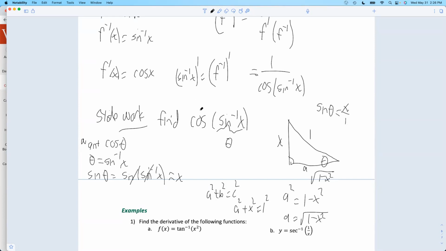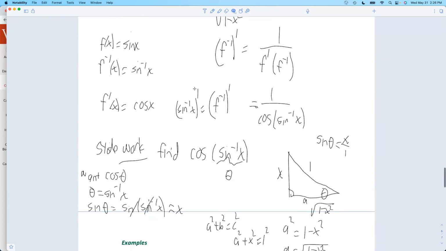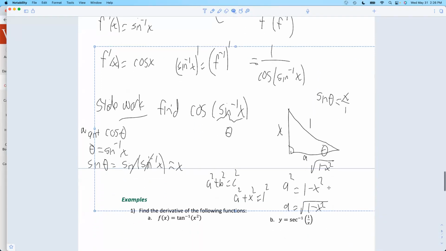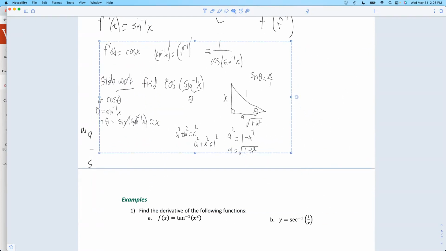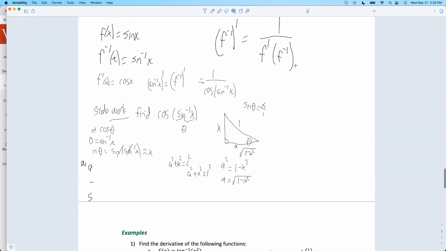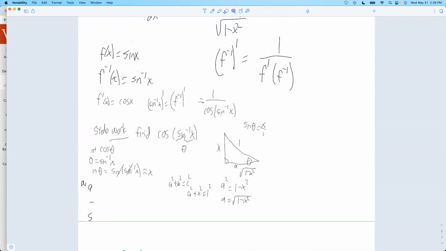Now, remember what we were trying to find. We want cosine of theta. Make all this a little smaller. So we want cosine of theta. We can look at the picture and figure out cosine of theta.